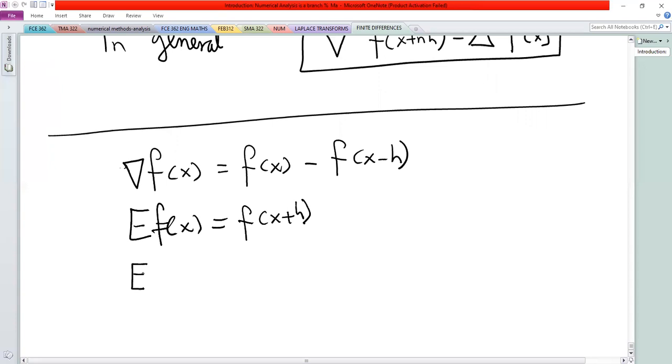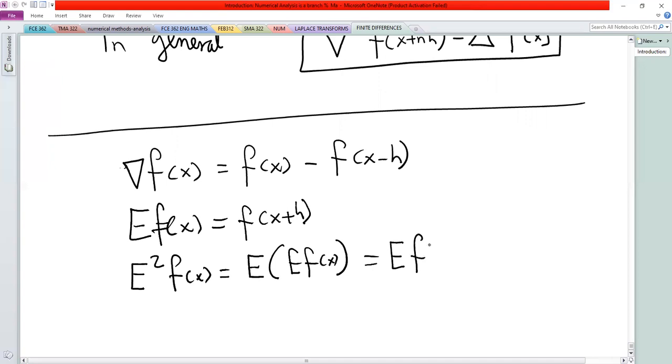So if I say second shift of f of x, then I'll be applying shift to the first shift of f of x, which is the same as shift of f of x plus h. Now this one, next step will be f of x plus 2h.